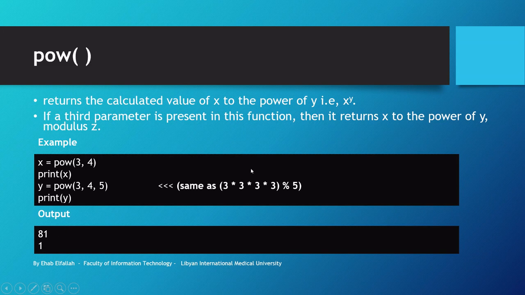And if we provide z for the pow function, it will return the modulus by z. That means 3 to the power of 4 modulus 5, so the remainder is 1.